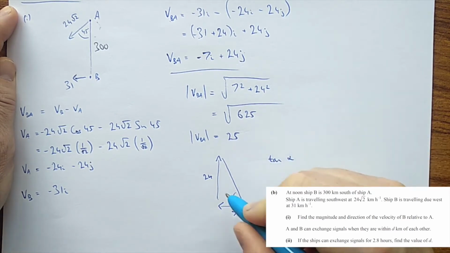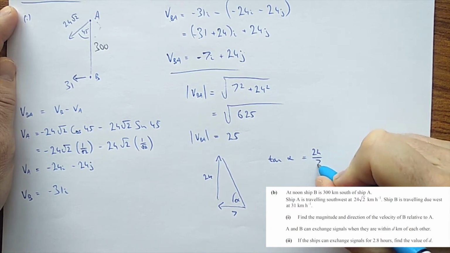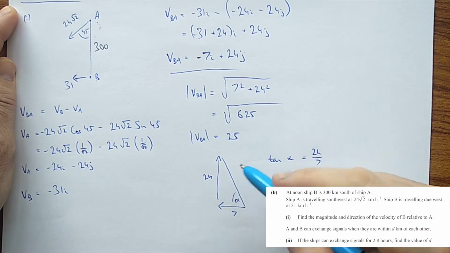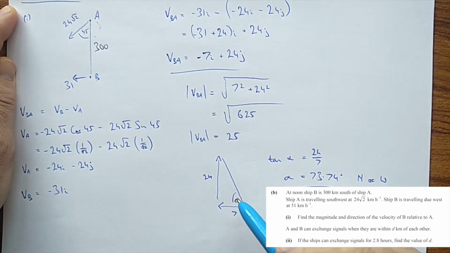Tan of alpha is of course 24 over 7. So alpha is going to be 73.74 degrees. You can call that north of west because we're referencing this to the horizontal. That's going to be a little bit annoying in the next step.